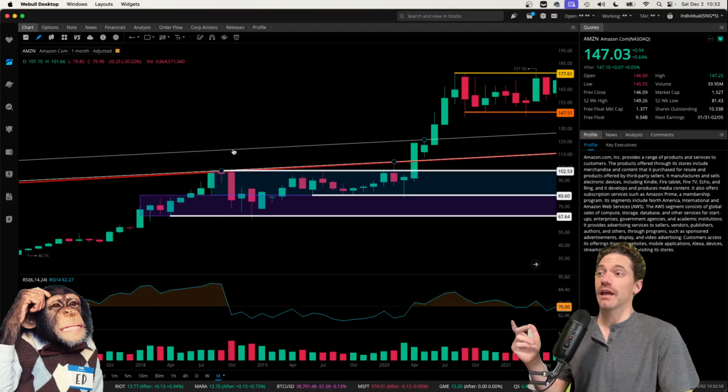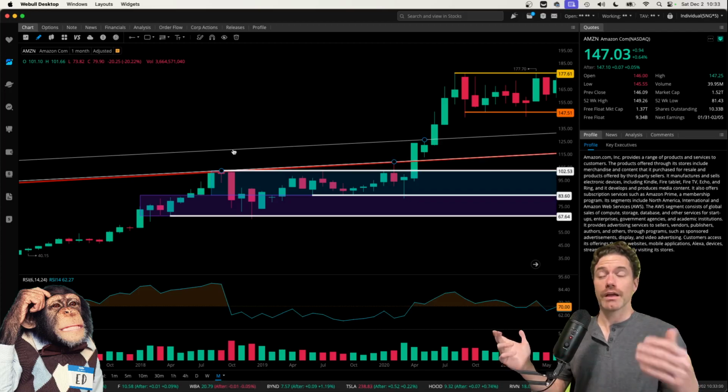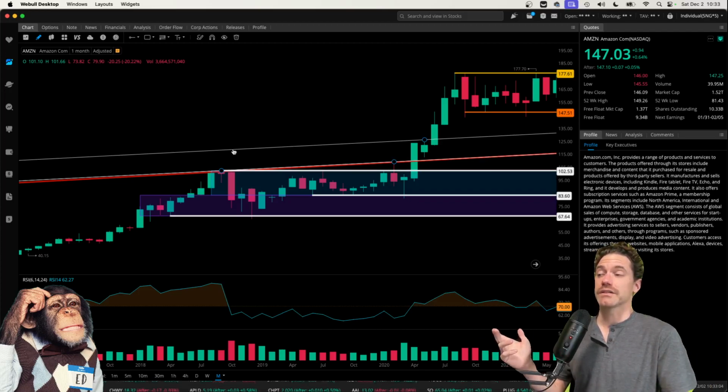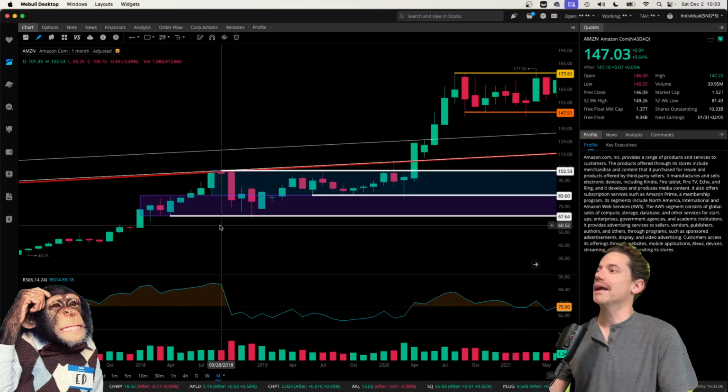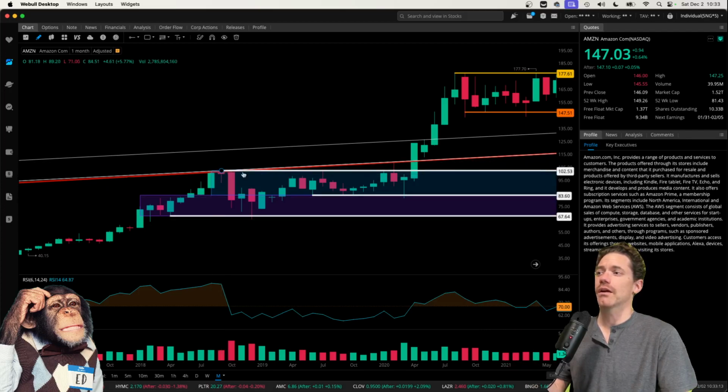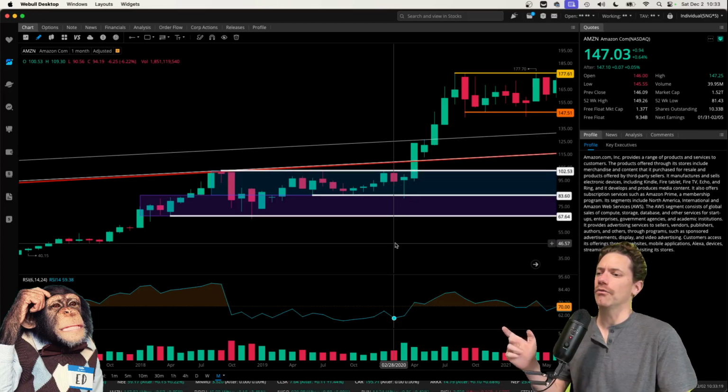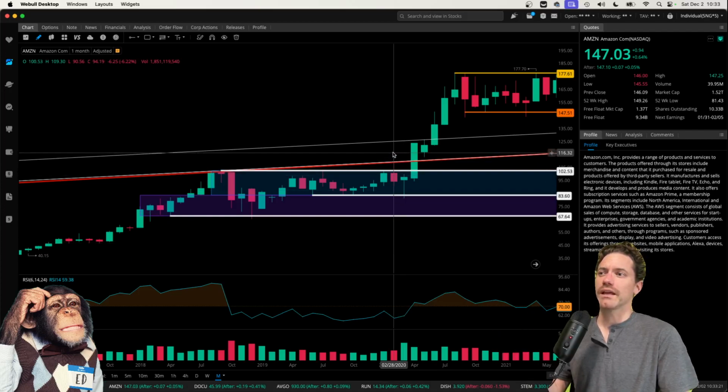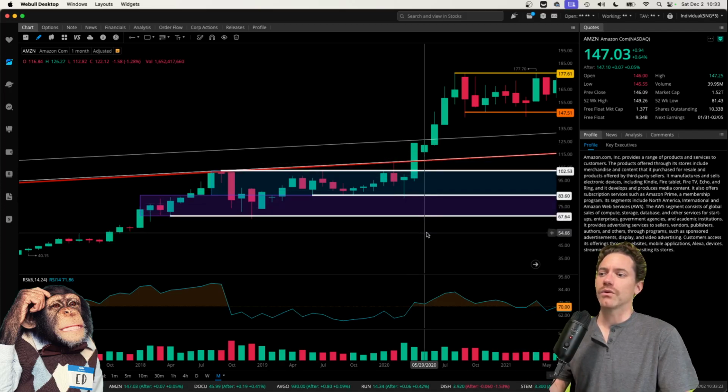I also have this parallel channel that you had seen earlier on, but that's based on the touch points here. The high of September 2018 of 102.53 is the touch point here, as well as this white horizontal line, which I'll come back to in a minute. There's also this touch point from the high of February 2020, and then also the high of May 2020.